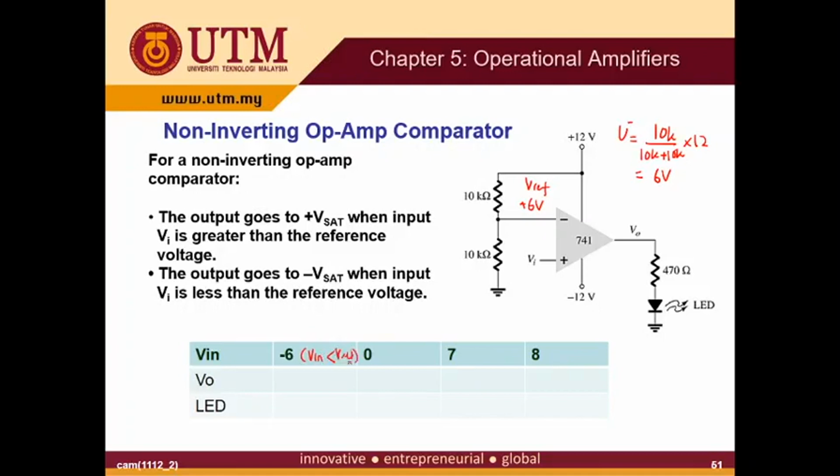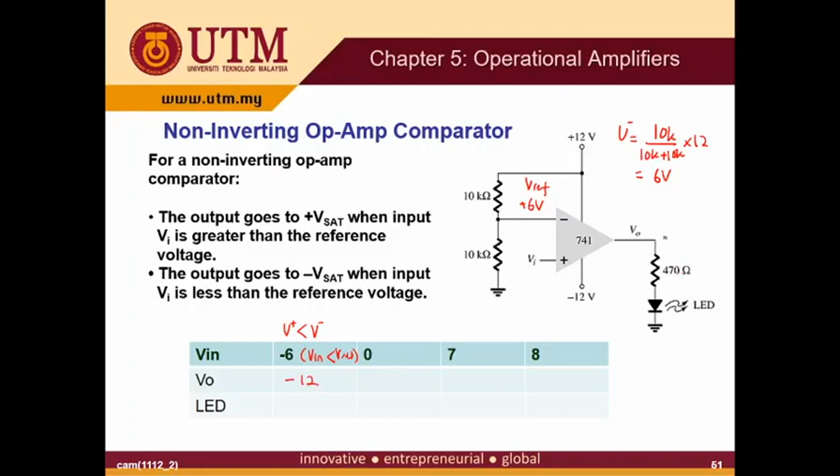V in is V plus, so V plus is lower than V minus. V minus is 6 volt and V plus is minus 6 volt, so V minus is larger than V plus. So V out becomes the minimum value, which is minus 12.